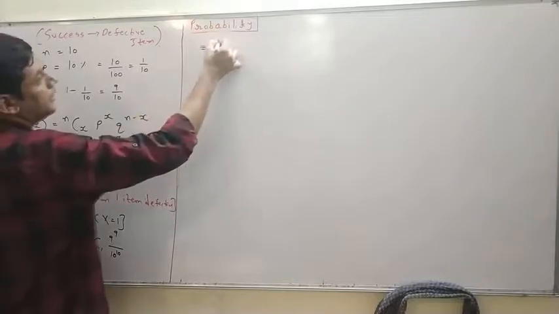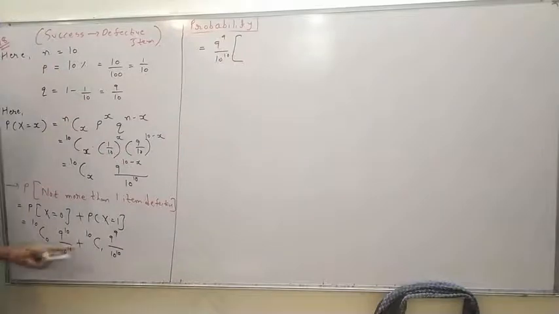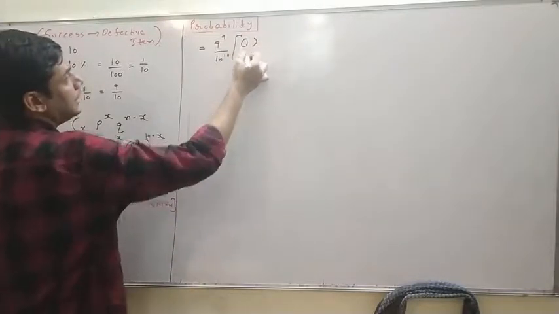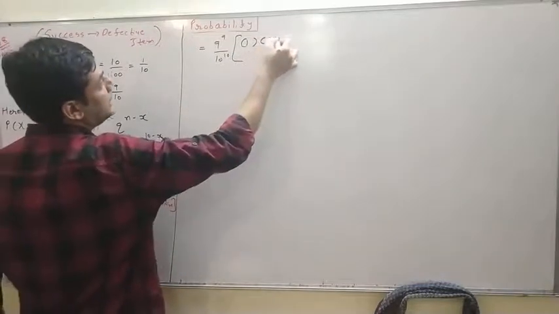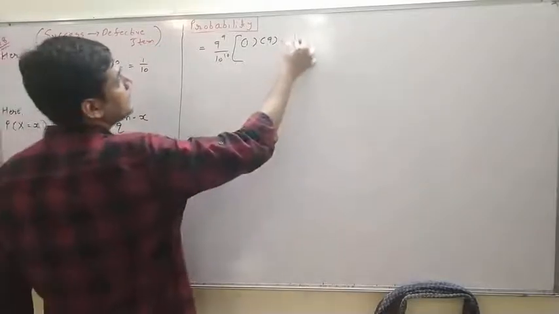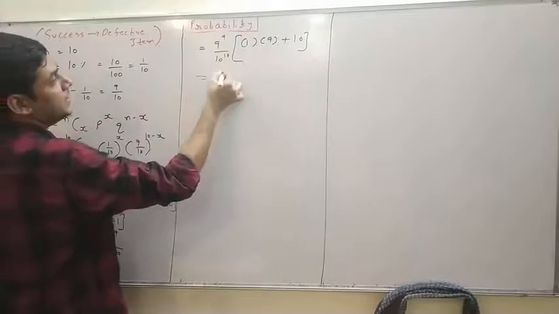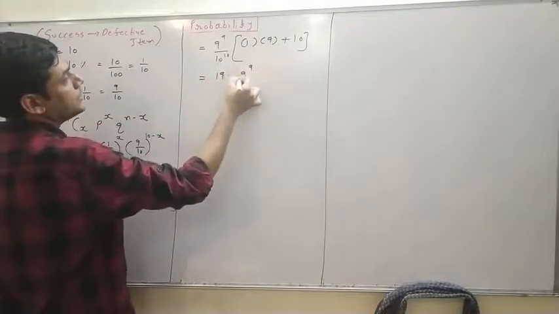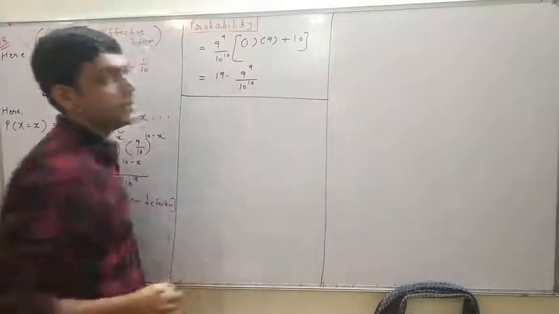So 9 raised to 9 upon 10 raised to 10 is common. 10C0 is 1. Taking 9 raised to 9 common, here it is 9 raised to 10, so there is one 9 remaining, plus 10C1 is 10. Answer is 10 plus 9, 19 into 9 raised to 9 upon 10 raised to 10.